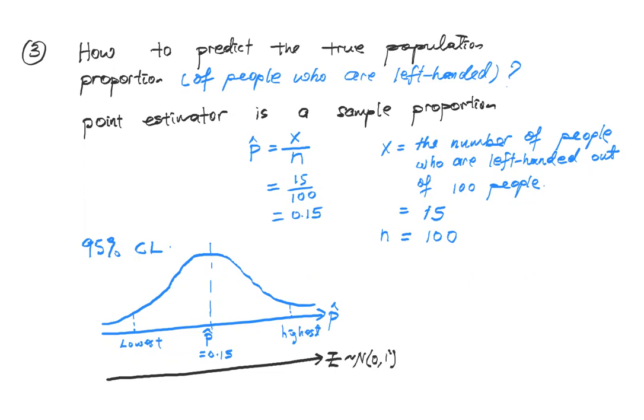So what is our corresponding standard score? If our confidence level is 95%, everyone should be very familiar. Negative 1.96, and highest is 1.96, correct? We always call it Z alpha over 2, okay?